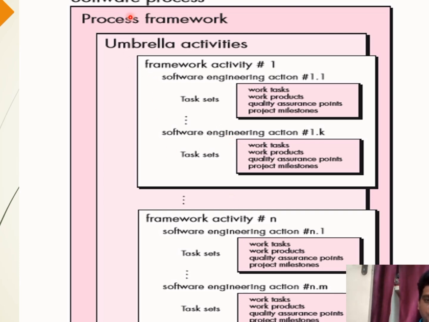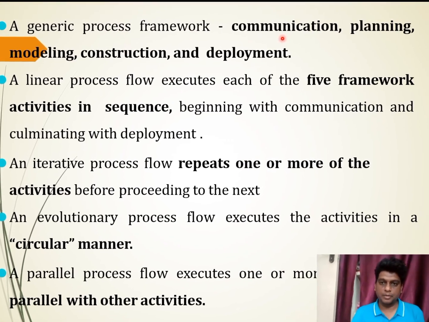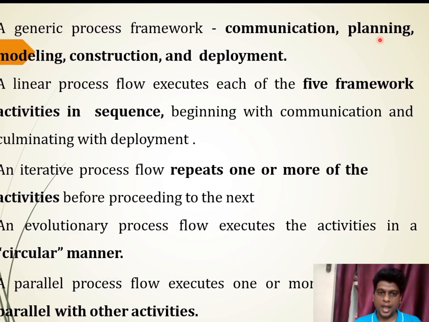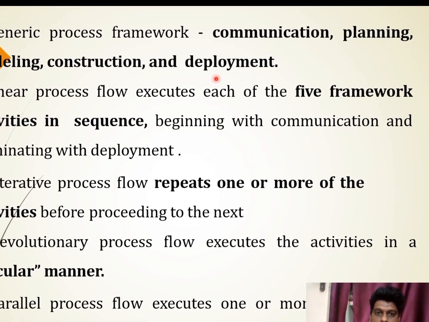Here a process framework establishes the foundation for a complete software engineering process by identifying a small number of framework activities. There are 5 phases in this generic process framework. Number 1 is communication, then 2 planning, then 3 modeling, 4th is construction, and 5th is deployment.